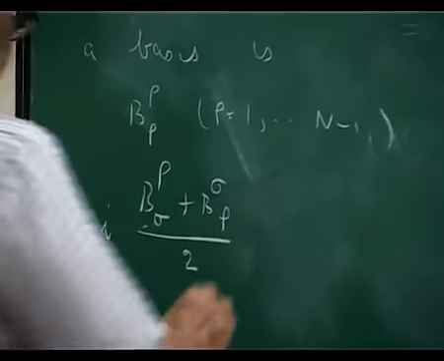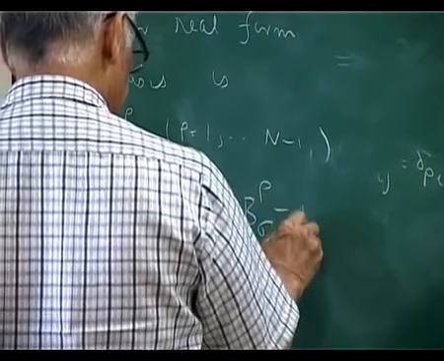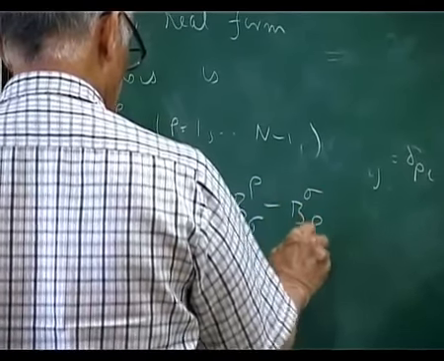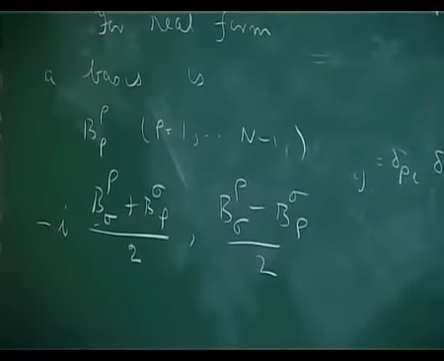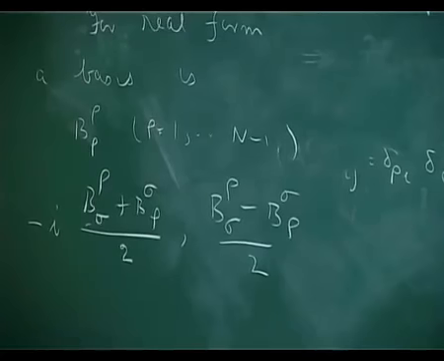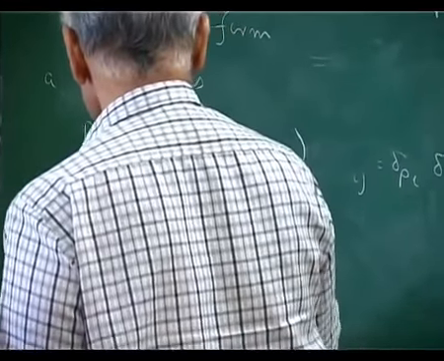Then I write B rho sigma minus B sigma rho over 2. I think there's a minus sign for canonical. We'll see what they are.